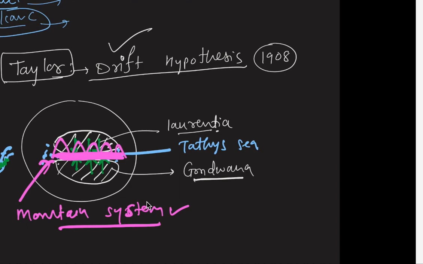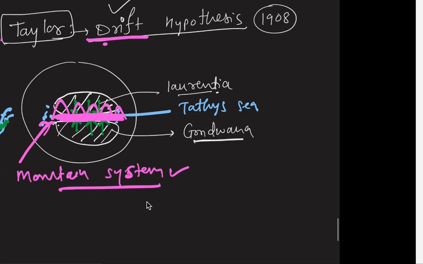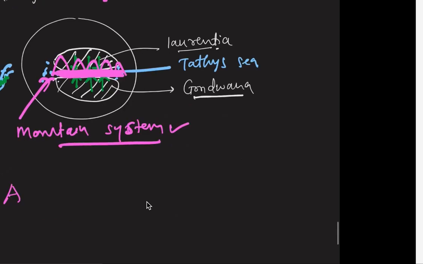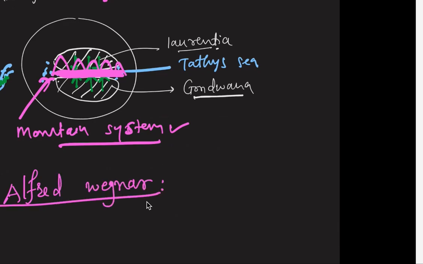Now the next person, whom we will study in more depth, based on Taylor's drift hypothesis, studied it deeply, and not just that, he also gave many evidences to support his ideas. This person was Alfred Wegener.